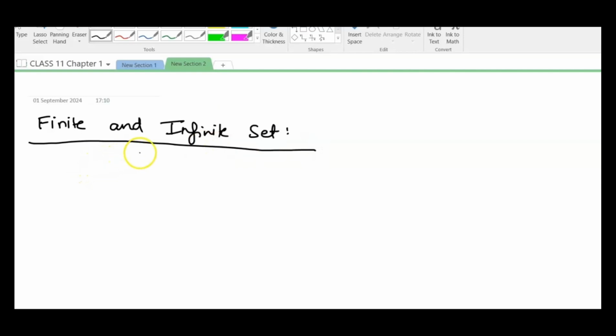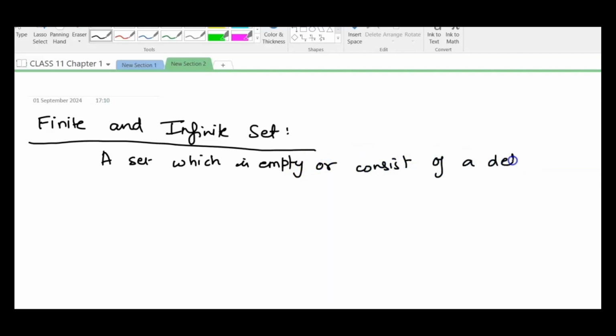So, a set which is empty, then it does not have any element, or consists of a definite number of elements is called a finite set.